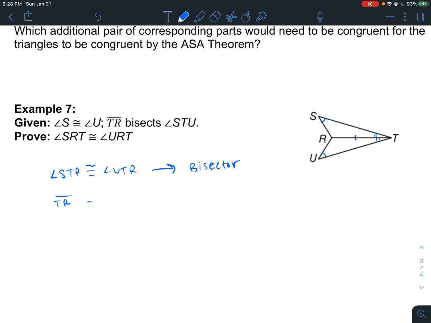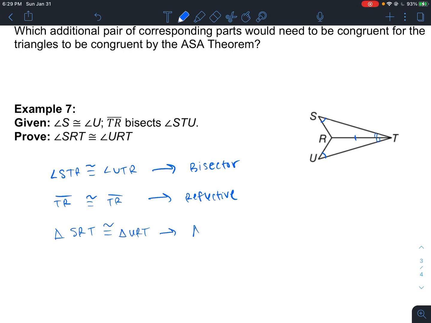Yes, we can, because of the reflexive property. And because we know that, triangle SRT is congruent with triangle URT. These are congruent because we have two angles and a side that are congruent with two angles and a side of two different triangles.